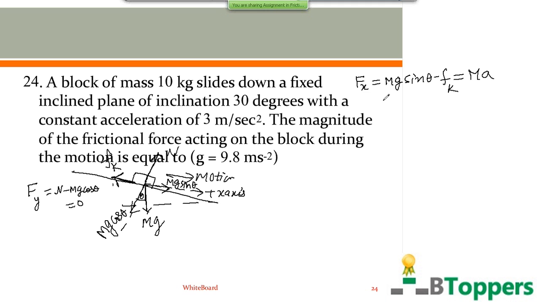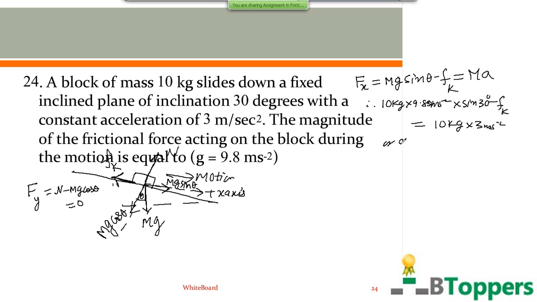Now we can substitute all the values. The mass of the block is 10 kg. G is 9.8 meter per second square. Theta equal to 30 degrees. Even on the right side you can substitute. Mass of the block equal to 10 kg and acceleration of the block is given as 3 meter per second square.